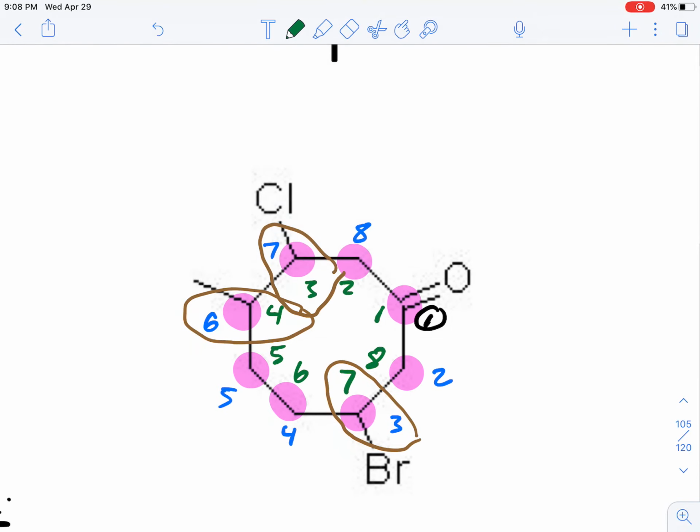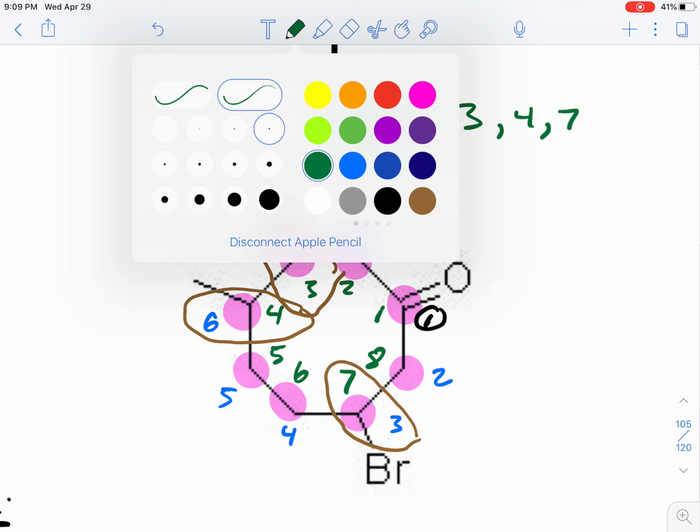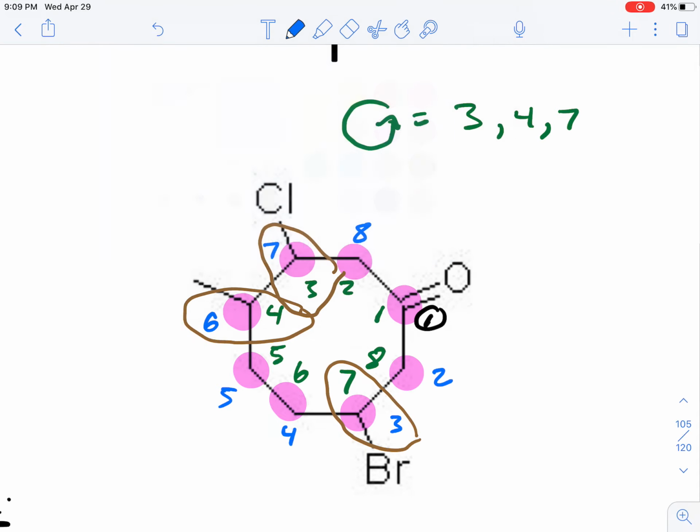So if I were to go counterclockwise, I have a combination of 3, 4, and 7. If I were to number this clockwise, I have a combination of 3, 6, and 7.